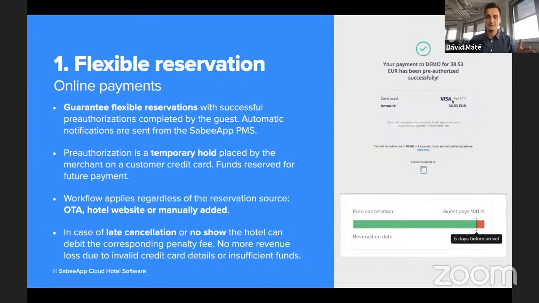And in this workflow, the guest making a successful pre-authorization, the value of it pretty much depends on the hotel. The hotel defines the payment and the cancellation terms. This can apply for reservations regardless of the source. So flexible reservations can arrive through OTAs, they can arrive through the hotel's website, or they can be added manually by the front desk team.